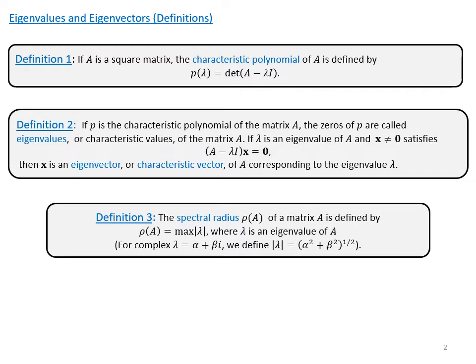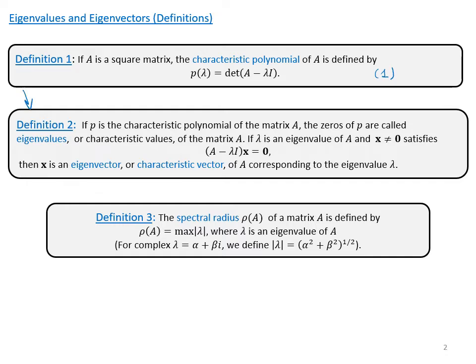If A is a square matrix, the characteristic polynomial of matrix A is defined by the following equality. Let's say 1. P of lambda, the characteristic polynomial, equals the determinant of the difference between matrix A and the product of the number lambda and the identity matrix, where lambda is an eigenvalue of matrix A. And the next definition is exactly about that.